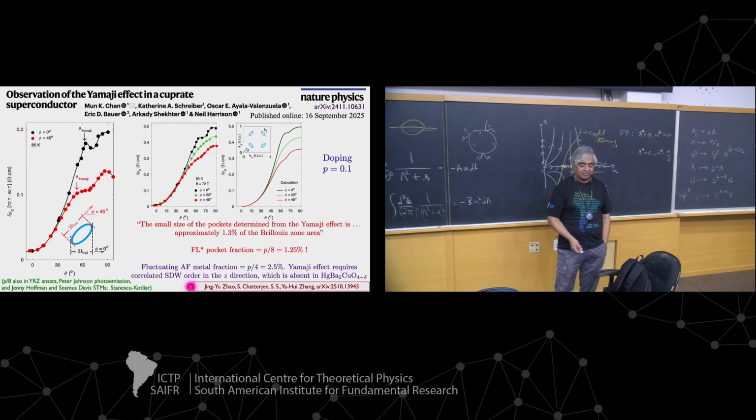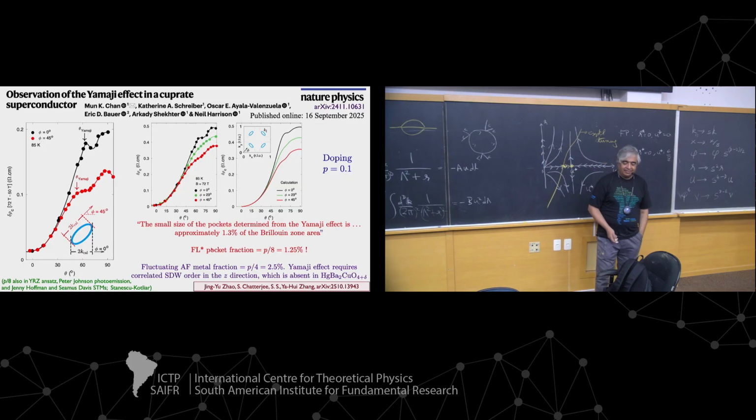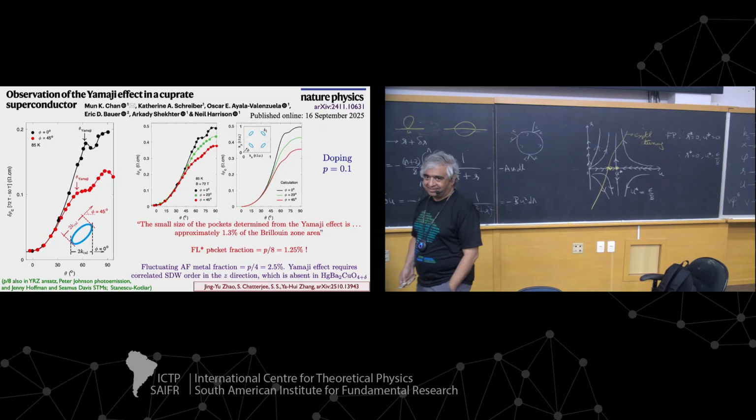We took a more sophisticated model in a paper recently, and we confirm, I won't go into details, that for various reasons neither the SDW nor the holon metal agrees with the data, but FL star agrees quite well. Okay, I think that's all I want to say, so thank you for listening to this brief lecture about spin liquids.